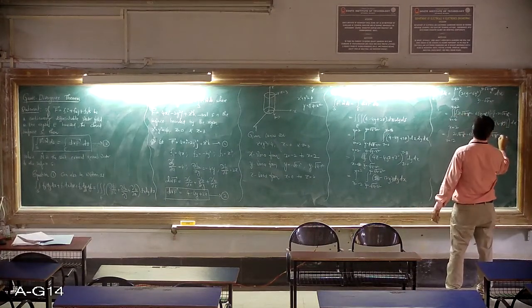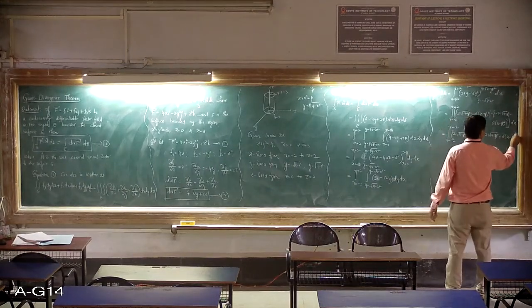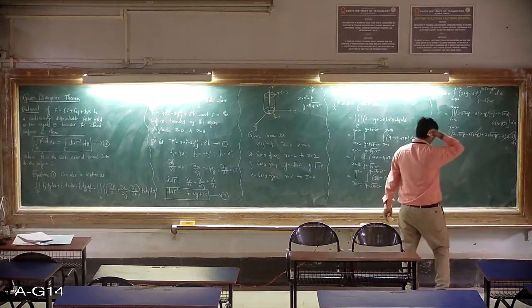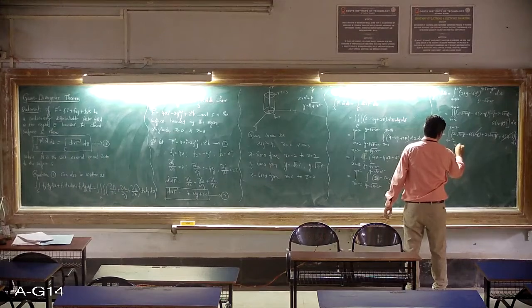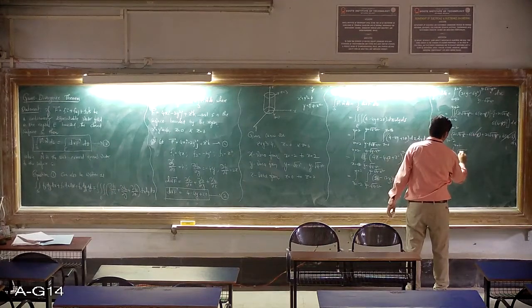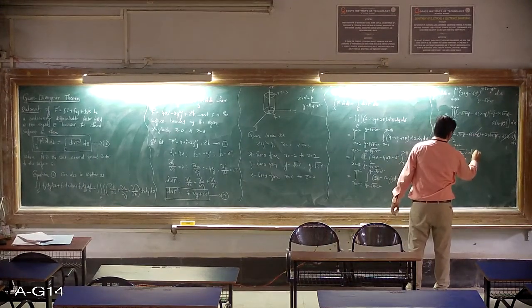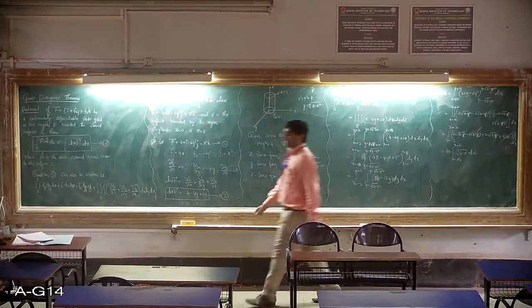Plus minus of minus is again plus, that is 6 times 4 minus x square into dx. So these two get cancelled. 21 plus 21, that is 42 times the integral from x equals minus 2 to x equals plus 2 of square root of 4 minus x square into dx.